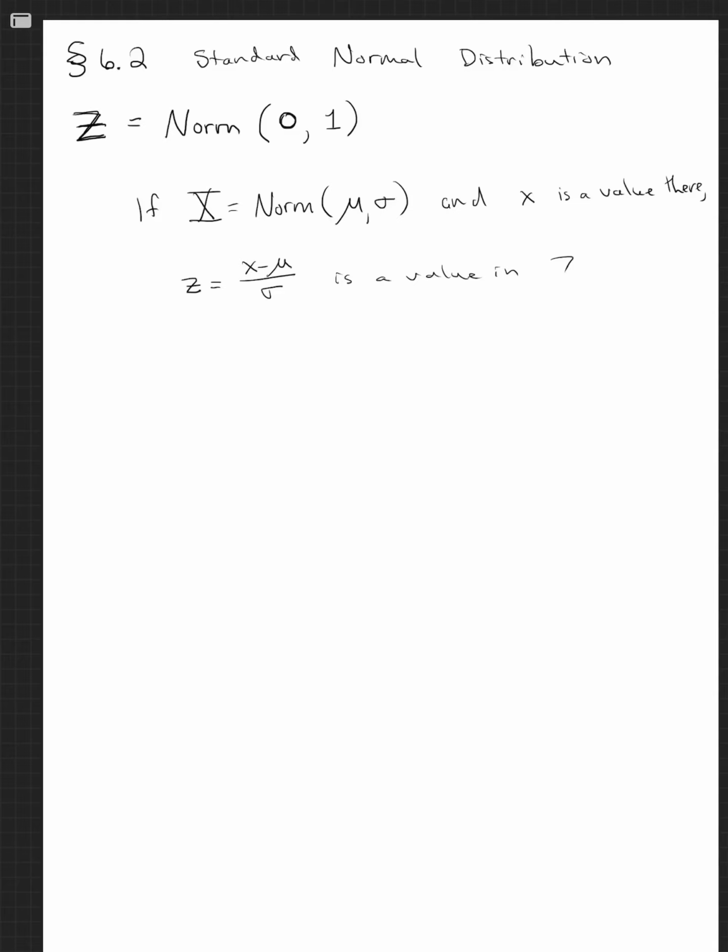We called that the standard score before. So it's going to be a value in z, in that standard normal, and the probability that x is less than or equal to little x is the probability that z is less than or equal to little z.